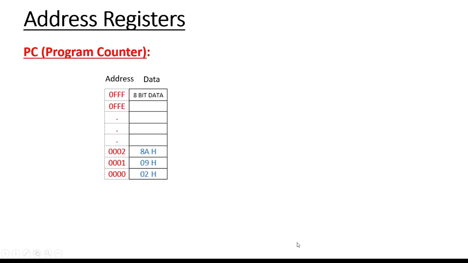The program counter points to the memory location which is to be executed next. When the microcontroller is reset, the program counter by default is set to 0000H. The program counter is basically used to access the ROM.